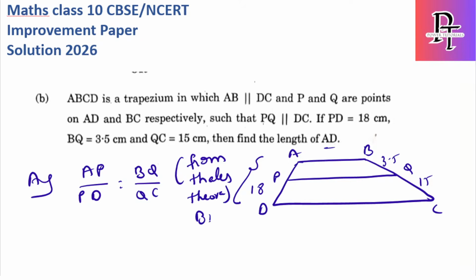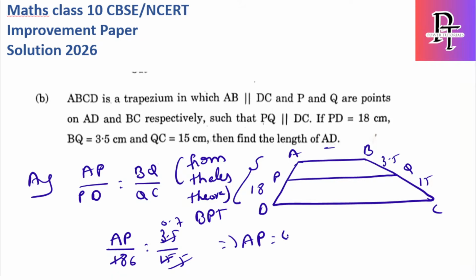Both are fine, but you have to mention the theorem name. As these ratios are equal, AP by PD is 18, BQ is 3.5 and QC is 15. So 3 6s are 18, 3 5s are 15, 5 1s are 5, 0.7. So we'll get the AP value as 4.2.